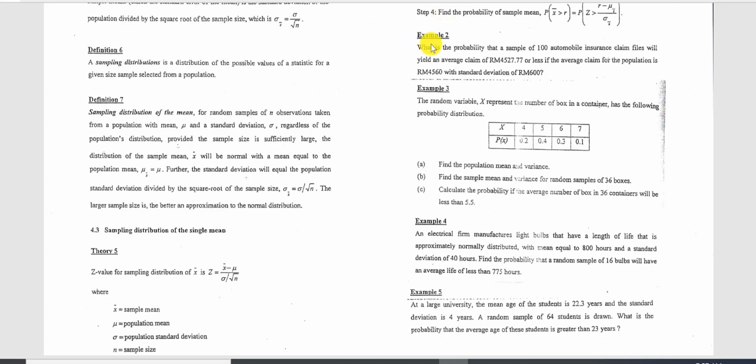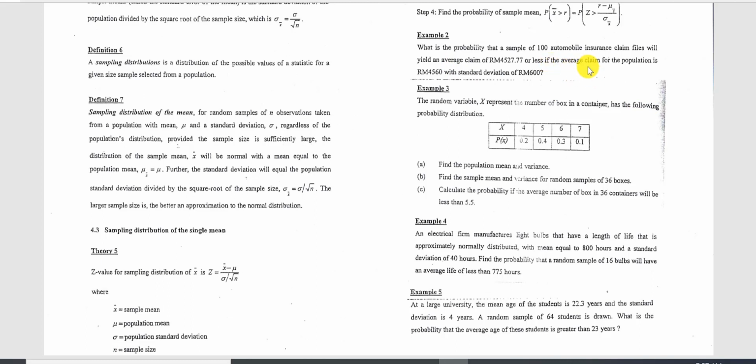Example 2. What is the probability that a sample of 100 automobile insurance claim files will yield an average claim of 4,527.77 or less? Now from this question, we have an average claim. We have the word average.